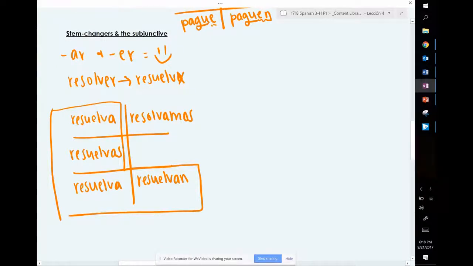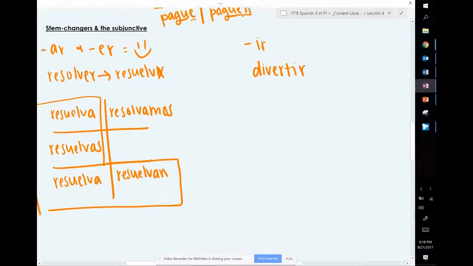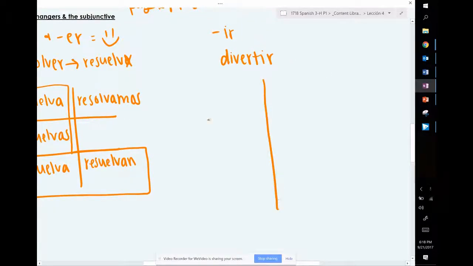IR verbs are where the subjunctive gets kind of weird. And again, it's just easier to show you and explain as I go. So if we take an IR stem changer like divertir, which means to have fun, watch what happens to its conjugations.